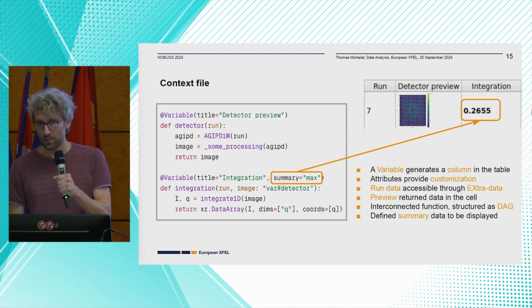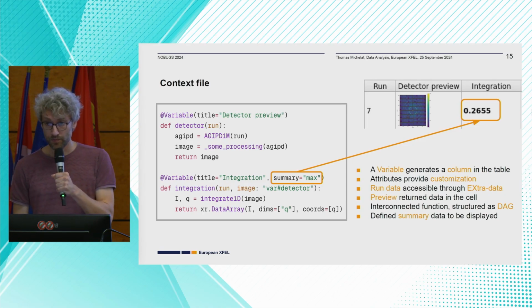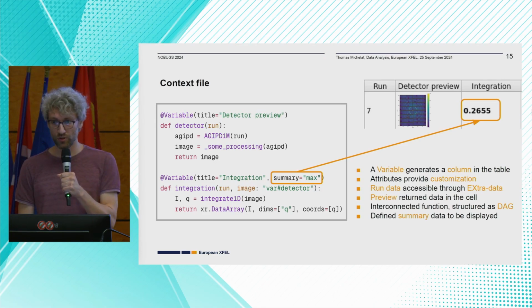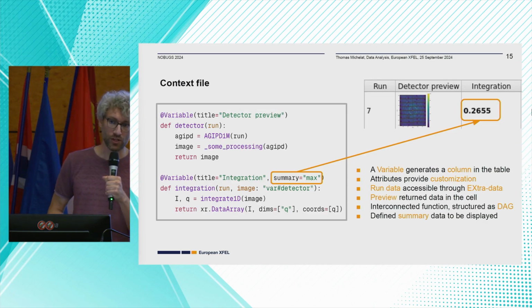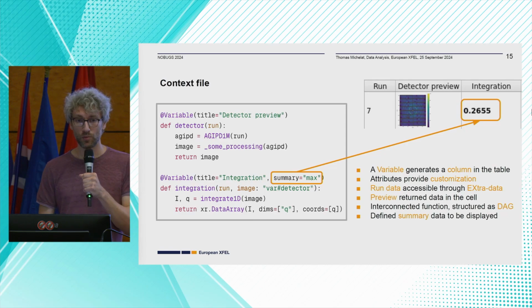It could also simply be attributes in this Python file, the context file, that would define the geometry you need to use. So it's not perfect at the moment. It's a bit hacky to define which geometry you need for which run. You need to map that somehow. At the moment, it's not well integrated, but that's also on our to-do list to improve.